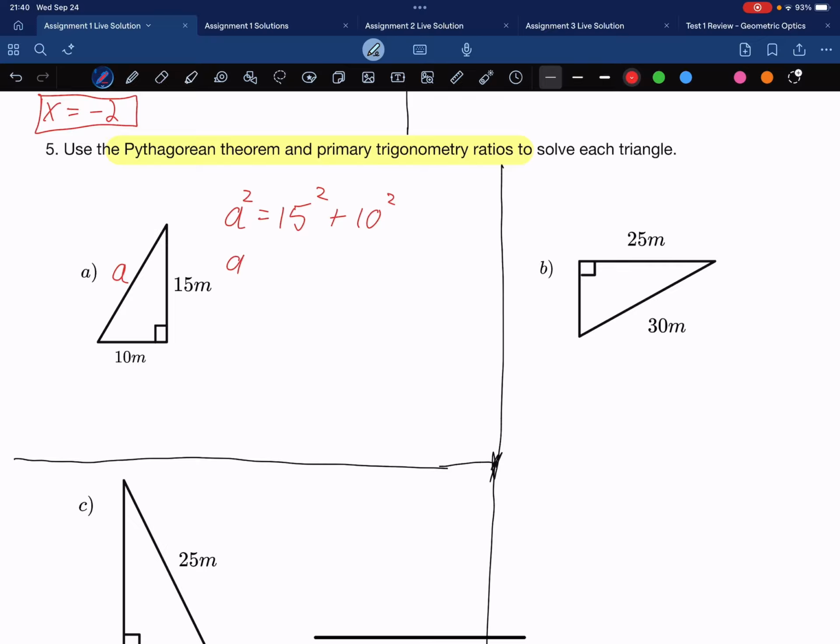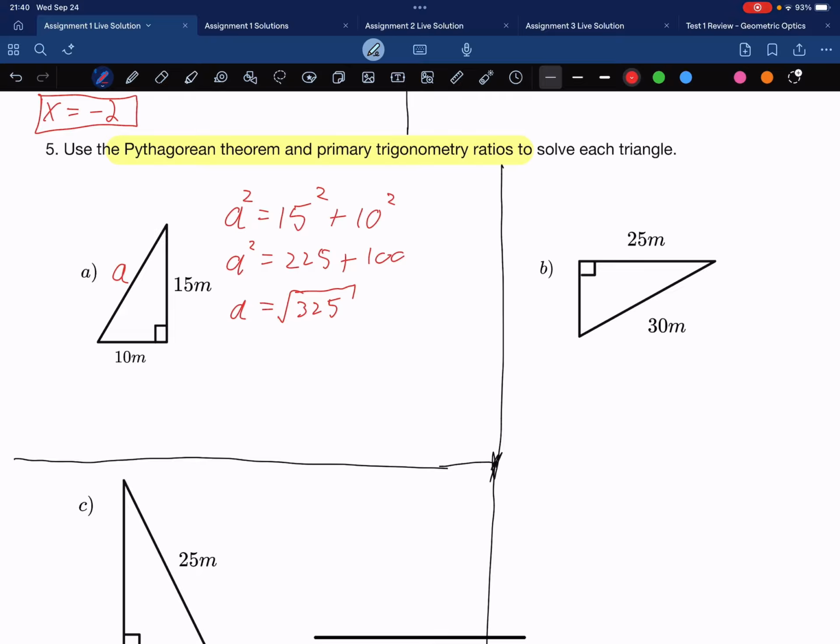So I know that A squared is going to be equal to 225 plus 100, and then A is going to be equal to the square root of 325, which I'm going to grab my calculator for, because I don't feel like making a mistake halfway through this video like that.